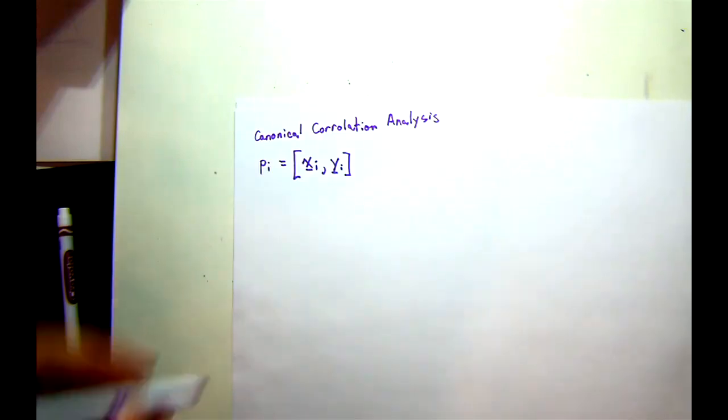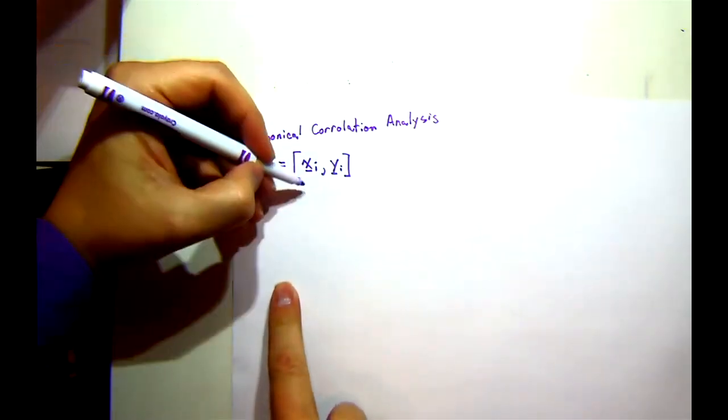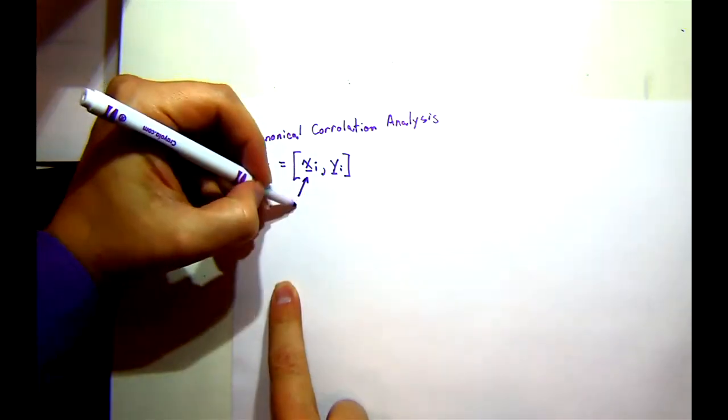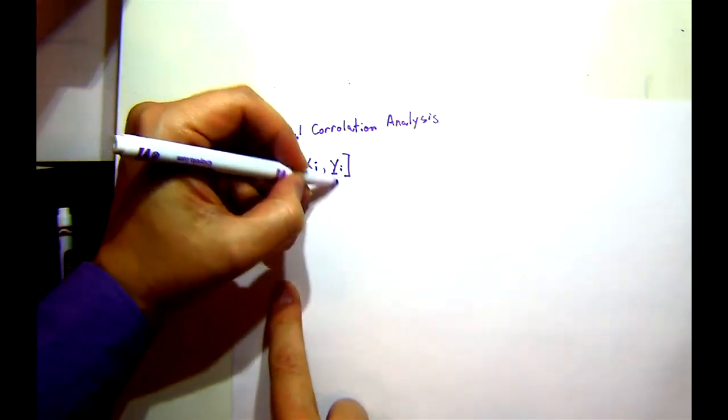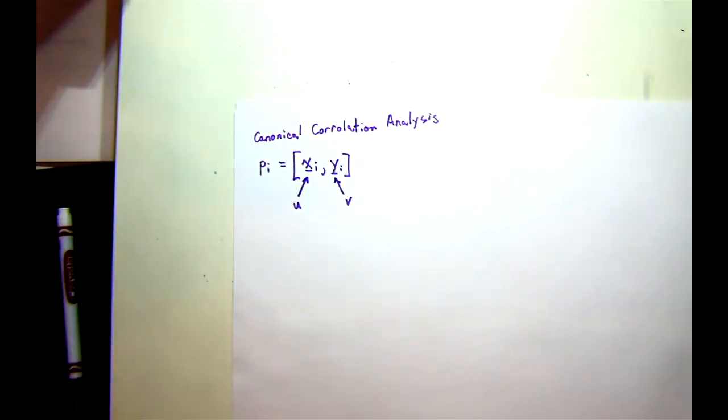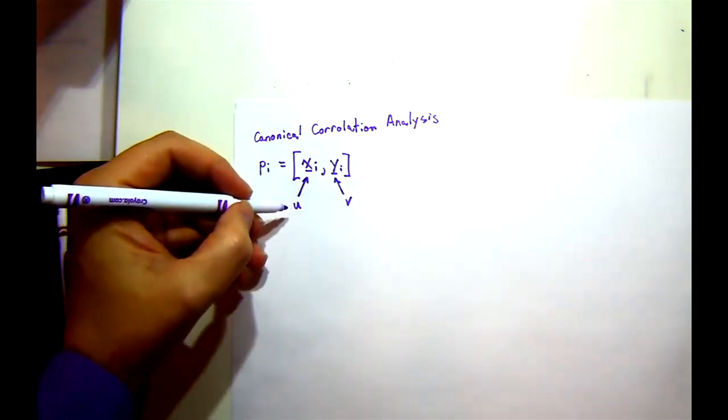Okay, so we're going to learn two vectors, U and V, and those are going to be the projections. Now, these are going to project just into one dimension for now, and then later on we're going to find multiple of these to have more dimensions.